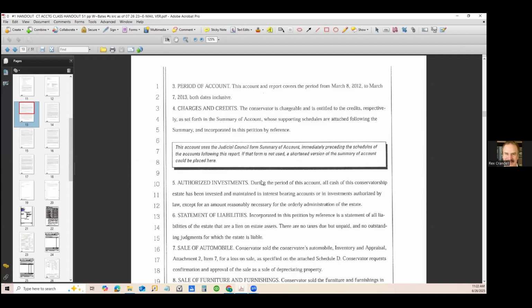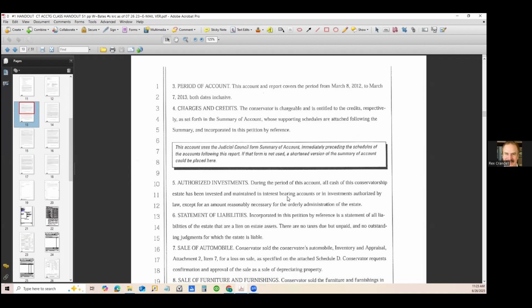My authorized investments, I always want to state that they have been in interest-bearing accounts. If there are any times I'm doing an accounting and I see that they are not in interest-bearing accounts, it depends.